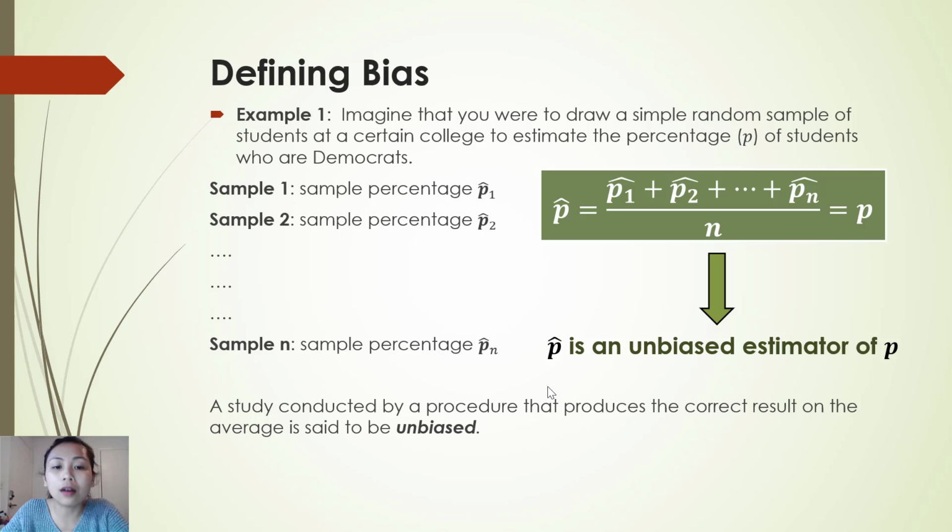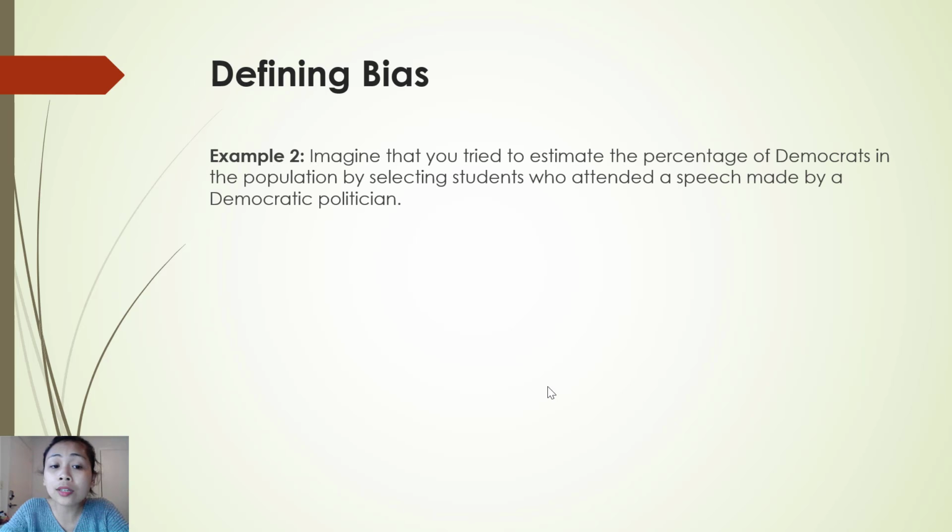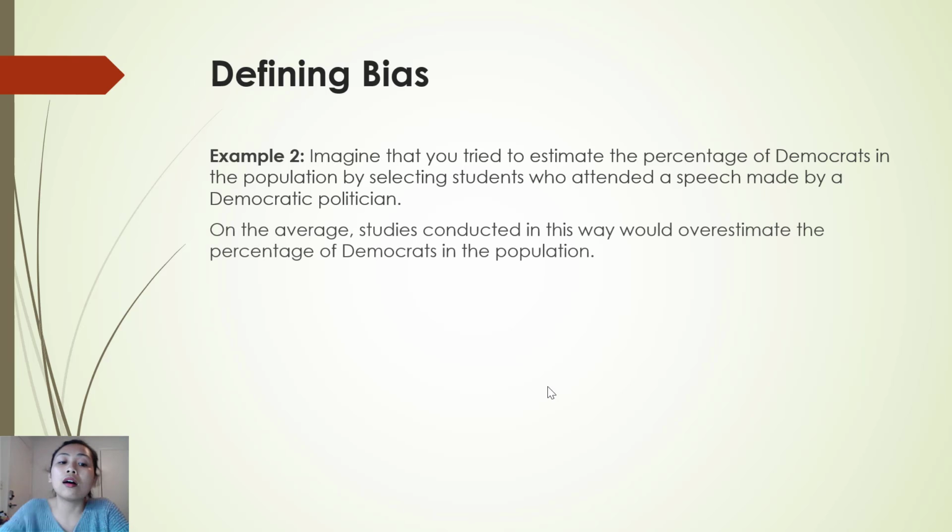Opposite to an unbiased study is a biased study. Let's look at this example. Imagine that you try to estimate the percentage of Democrats in the population by selecting students who attended a speech made by a Democratic politician. In this case, on the average, studies conducted in this way would overestimate the percentage of Democrats.